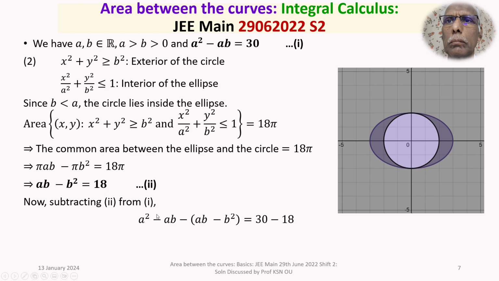Here it is a square minus ab plus b square, and that is a square minus 2ab plus b square. That is precisely a minus b whole square, which is equal to 12. So the value of a minus b whole square is 12. The answer to this question is 12.